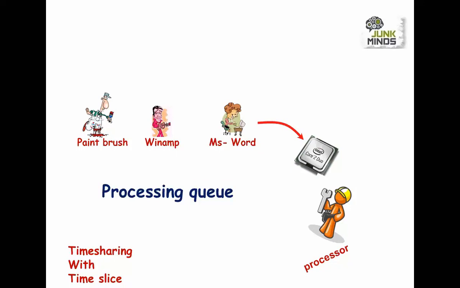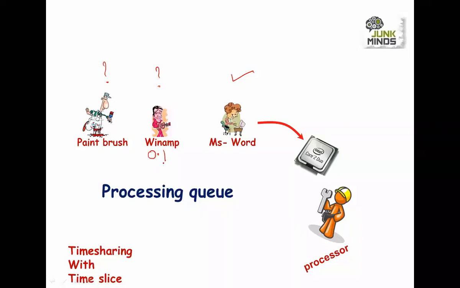Okay, but now understand what happens over here. Suppose MS Word is doing some work, Winamp has to wait till MS Word completes whatever it is doing. Say Paintbrush has to wait till others are done. Suppose the time required for Winamp to complete its work is, say, 0.1 seconds. Now I'm taking very big numbers.